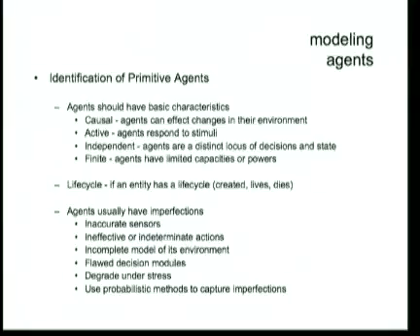In some sense, their experience or their basis of their decisions is incomplete or flawed. Their decision modules may have noise in them as well, mistakes. Another aspect sometimes found is that agents will degrade under stress, under load. Again, they have finite capacities. So usually we use probabilistic methods to capture these imperfections.